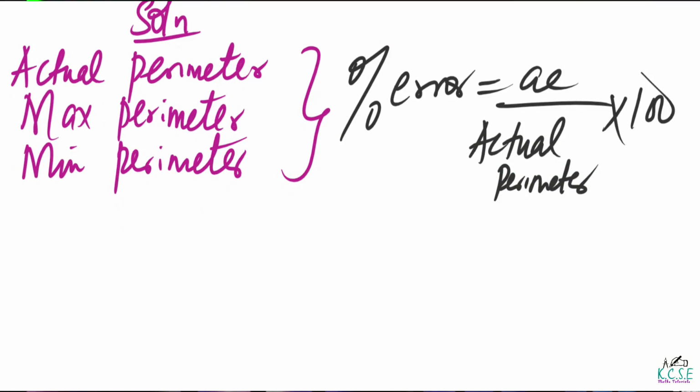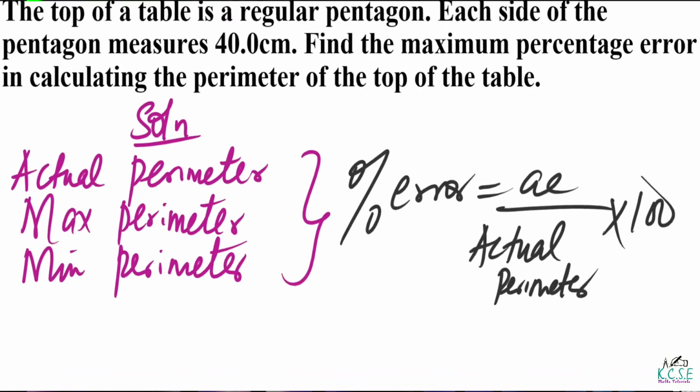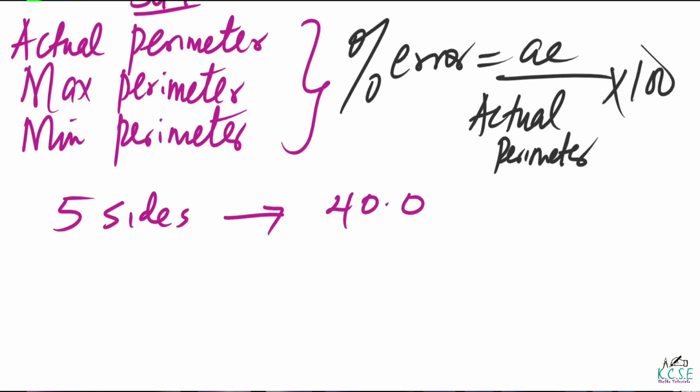So let's begin with the least unit of measurement in this question. This is a pentagon. A pentagon has 5 sides, and one side is 40.0.